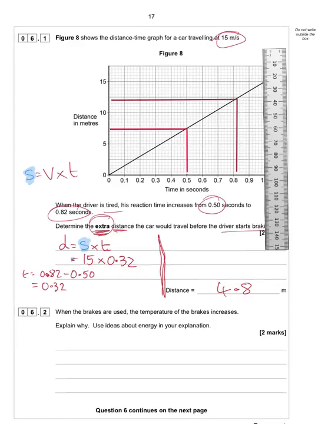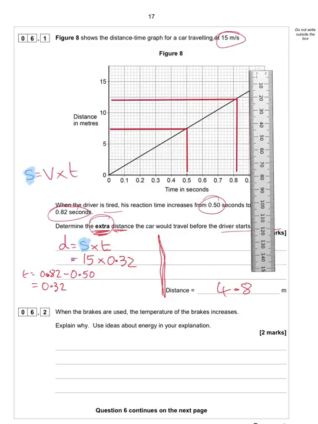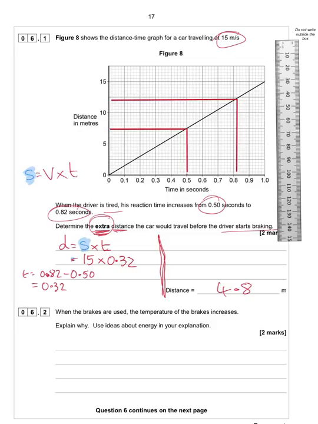The first one is fairly straightforward. If you've got 0.5, it's clearly hitting the y-axis between 5 and 10, which is obviously 7.5. So when the reaction time is 0.5, he travels 7.5 meters.